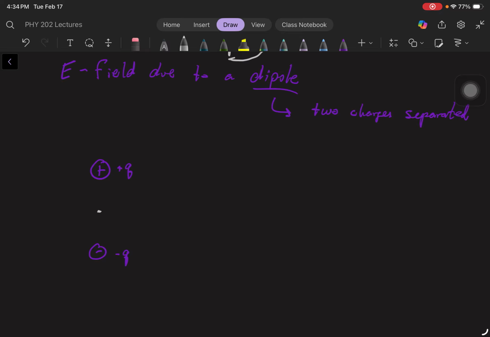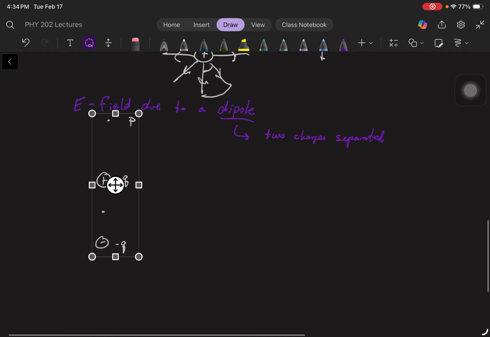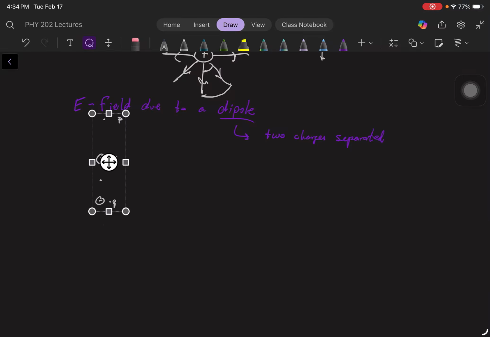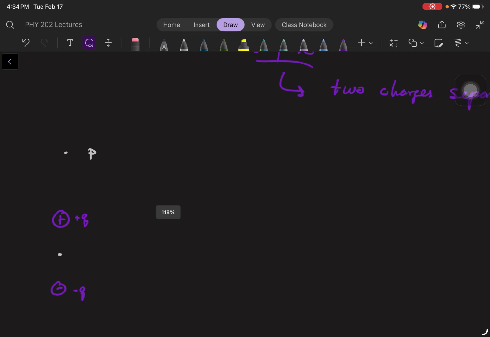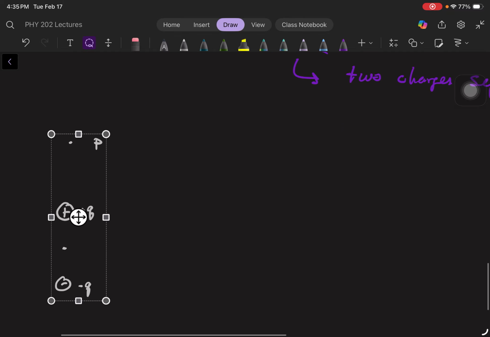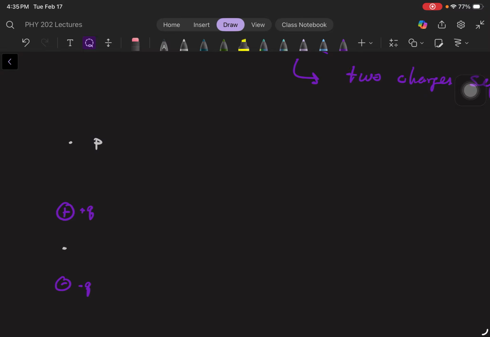And then we want to find the electric field at some point P. Let's give ourselves a little space to work.